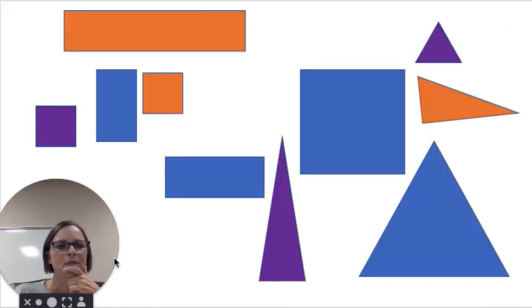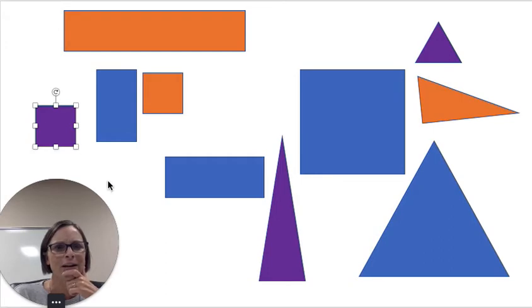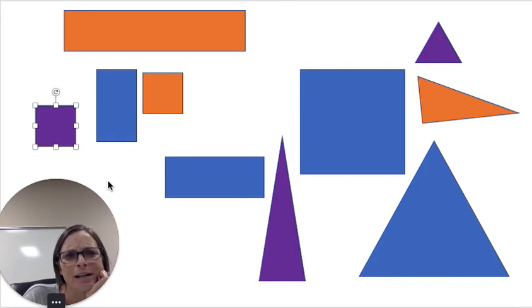Let's see if we can do some more sorting. I think I like to find the squares. Squares. Oh, this is a square. Well, what is special about a square? It has 4 straight sides, I agree.